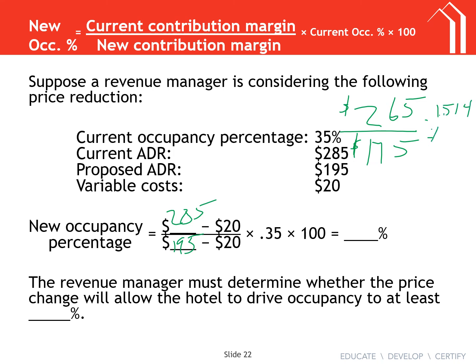We multiply that by our current, which is 35% occupancy, times 0.35. And we need to get to 53% occupancy to maintain that identical net revenue.